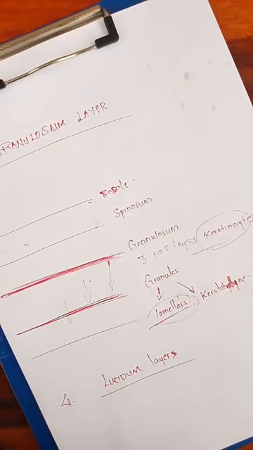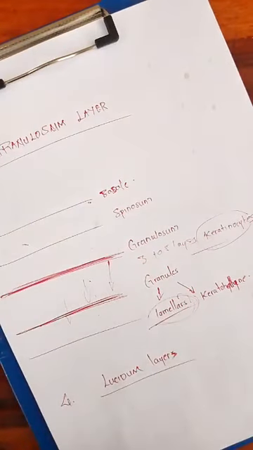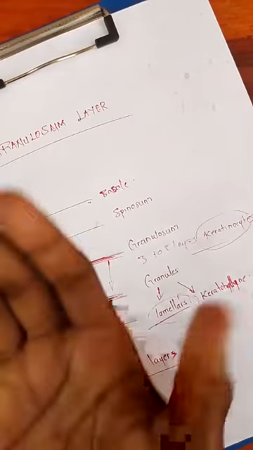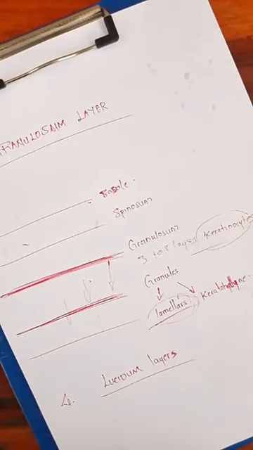This lucidum layer is only found in thick skins like the palm of the hand and also the sole of the foot. It tends to add an extra protective mechanism, or rather, it prevents damage to the skin that is found here, as well as the sole of the foot. We are going to find that this stratum lucidum consists of dead keratinocyte cells.